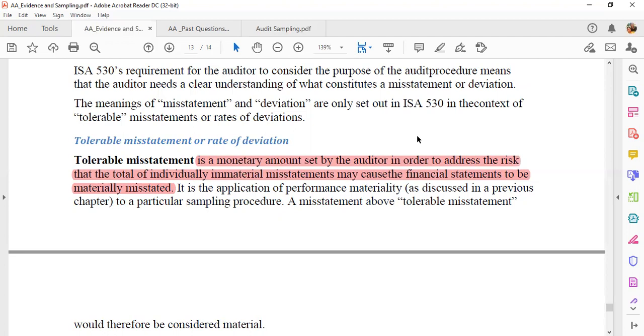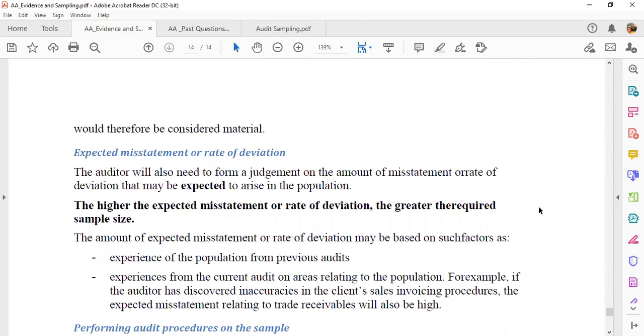I expect it can be error free. So if I'm expecting to have 10 errors, that's my tolerable. That's what I can accept, and I will consider that to be immaterial. So if I now have anything greater than 10, that is material. I have to start investigation on that.